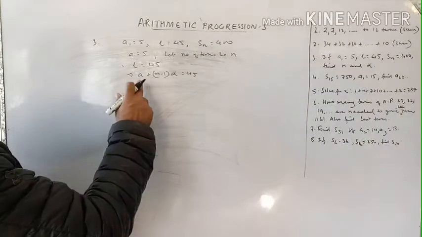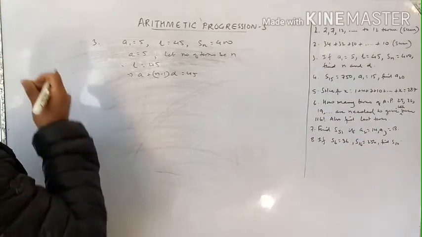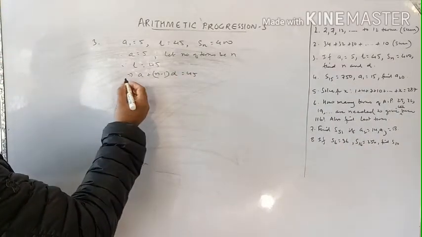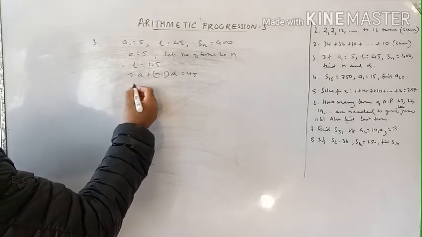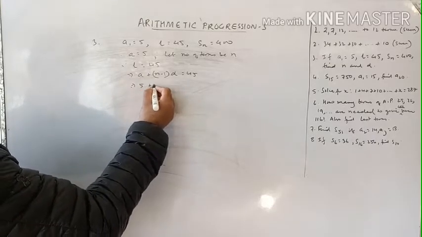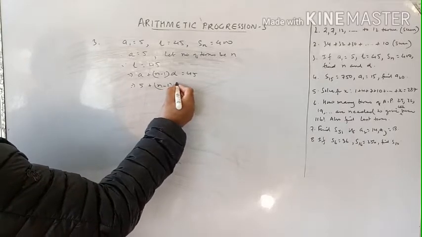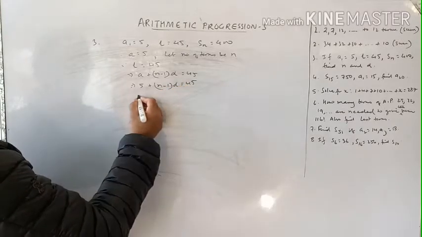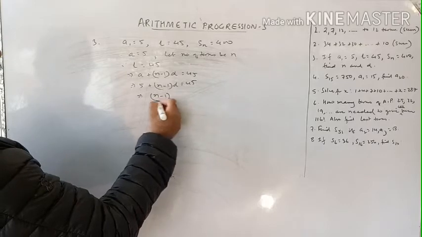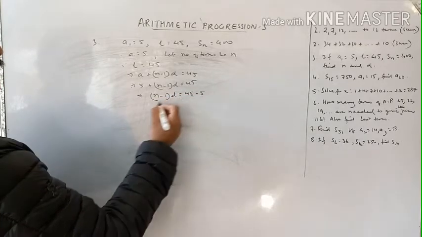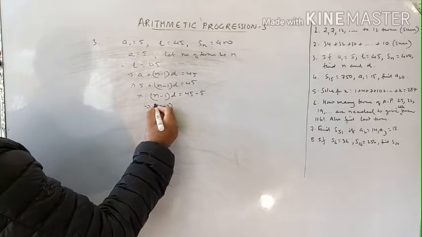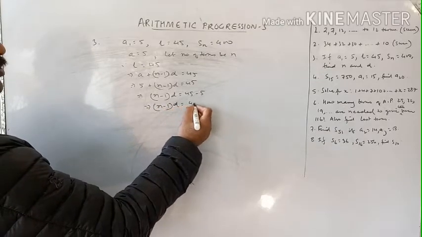The value of a we know here, that is a equal to 5. So this implies 5 plus n minus 1 d equal to 45. This implies n minus 1 into d equal to 45 minus 5. So this will give you n minus 1 into d is equal to 40.